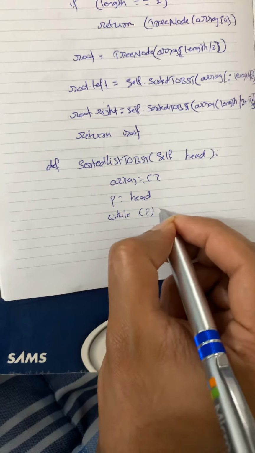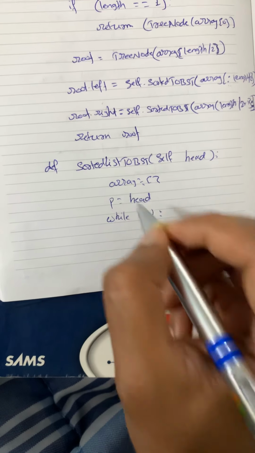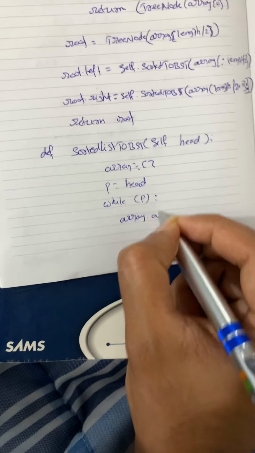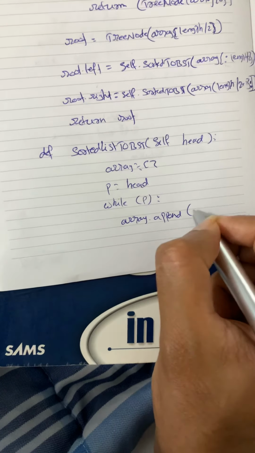We'll traverse through all the elements, and while traversing, we append them to the array: array.append(p.value).